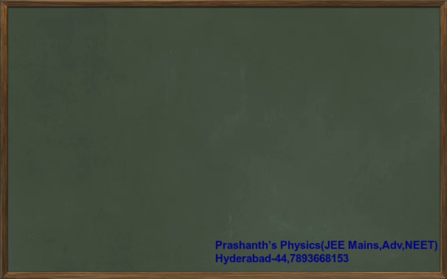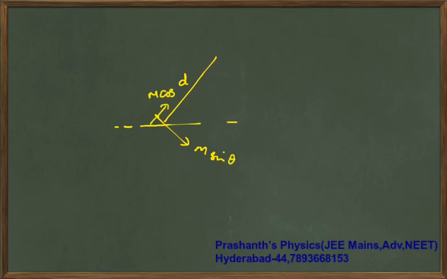Next, coming to some general point, what people will usually do is, they will resolve the moment. So this part is going to become m sin theta, this part is going to become m cos theta, this angle is theta. So this is your south pole, this is your north pole of the magnet.